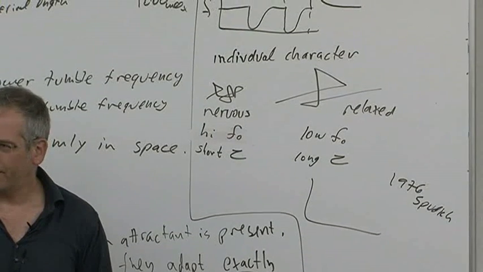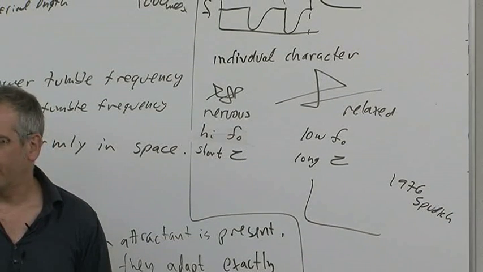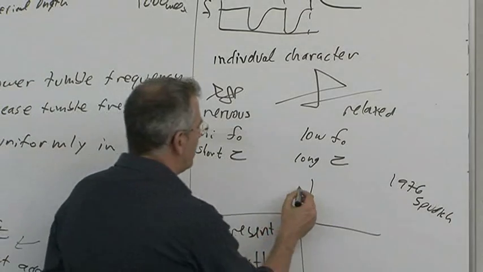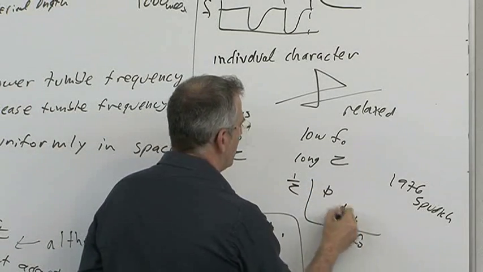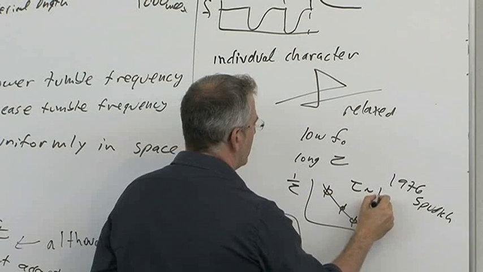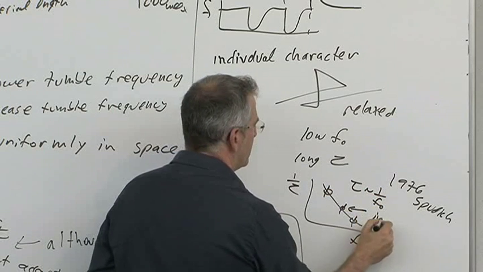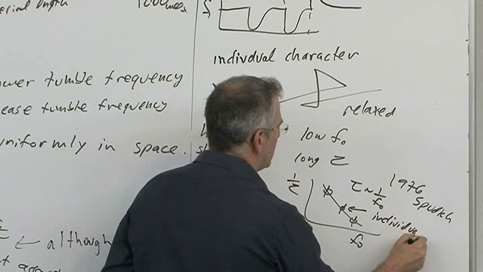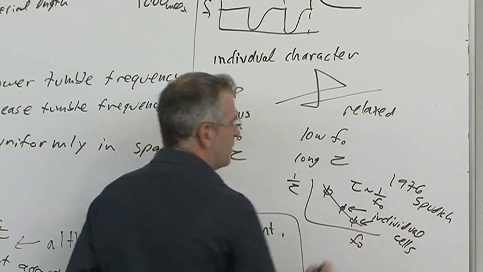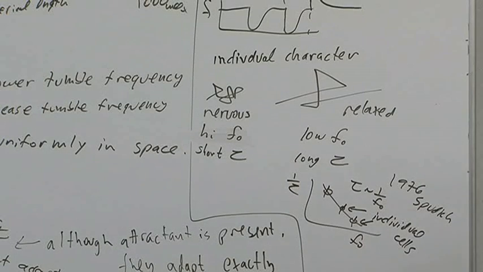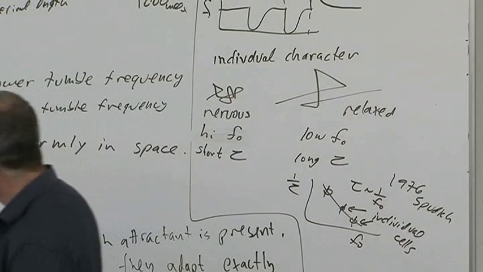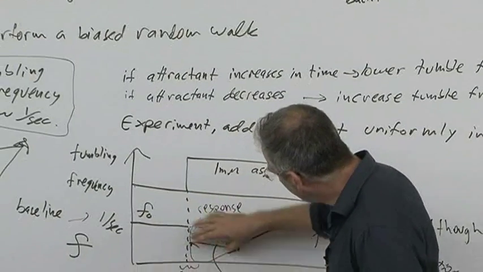So if I plot here 1 over tau and F0 for different individual bacteria, tau goes like 1 over F0, and this is for different individual cells. So that's another thing we can try to explain. So this is the average over the population, but each cell has a little bit different baseline, a different adaptation time.